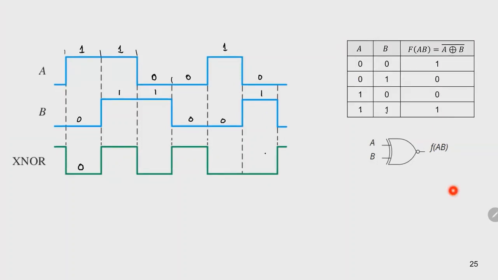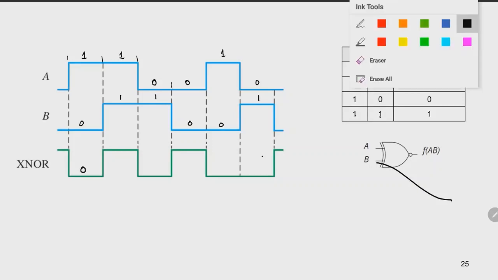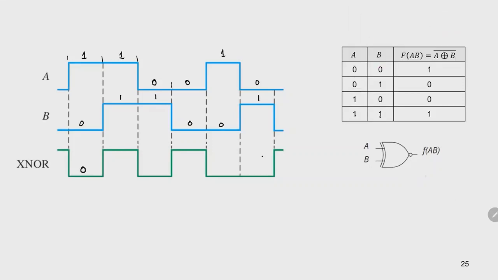1, 1 gives us 1. So we got 1 here. And then 0, 1 gives us 0. 0, 0 gives us 1. 1, 0 gives us 0.